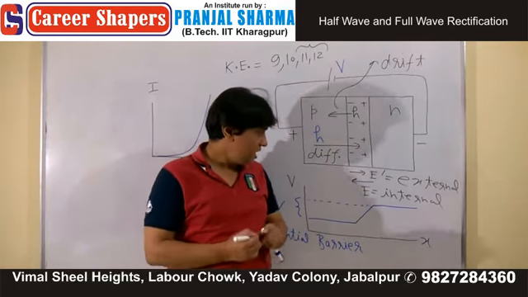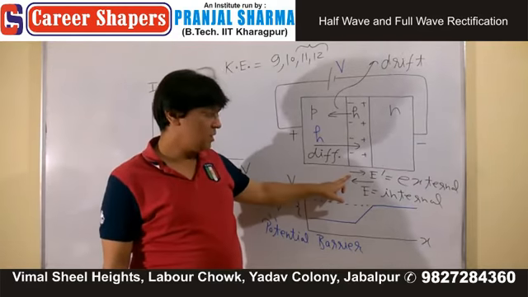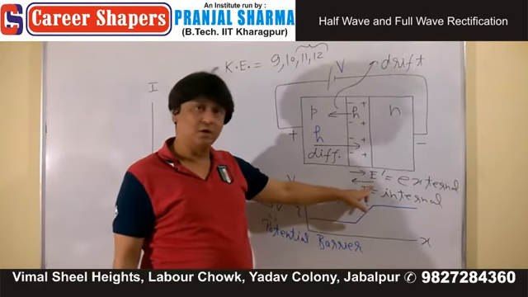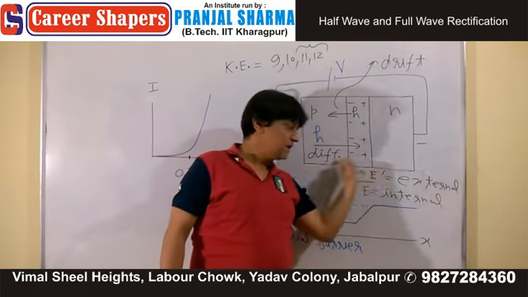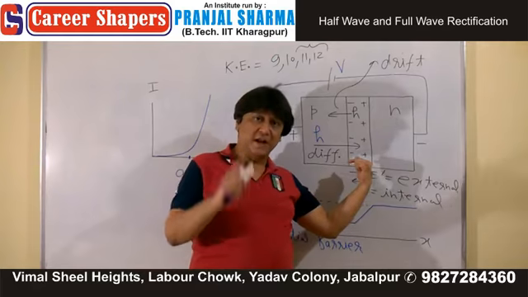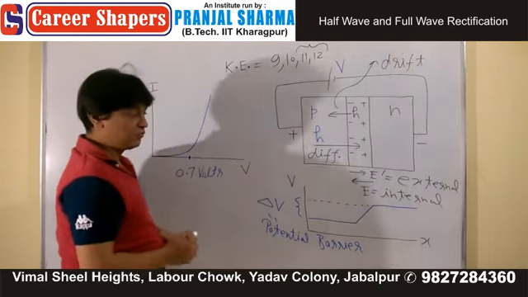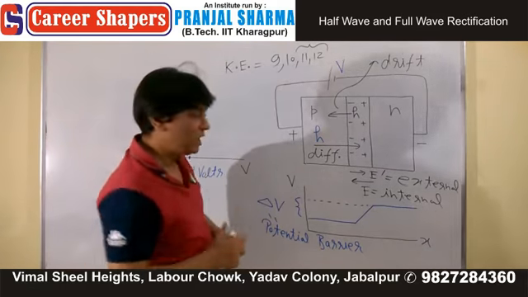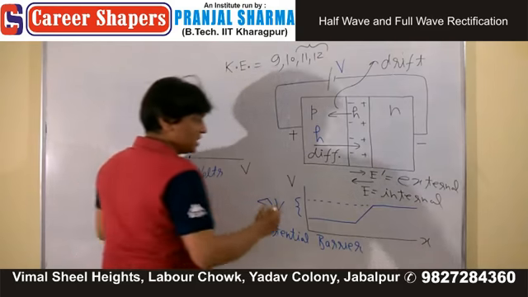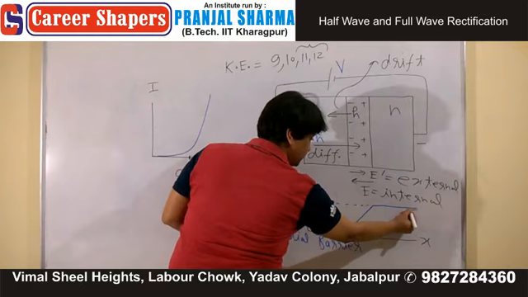So, look at the length of both arrows. I've drawn this arrow a little bit smaller than this one. That means net electric field is still in this direction. And if you draw a graph of V versus X, then what will happen? Just for reference, next time when you draw the graph, let's draw it in this form.